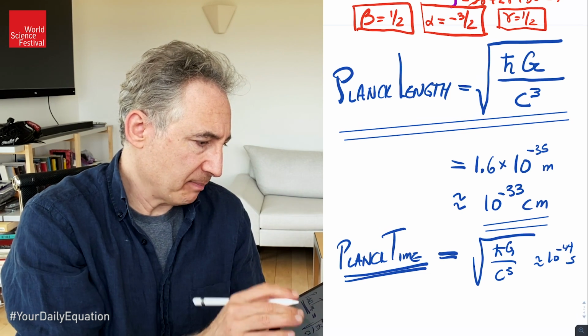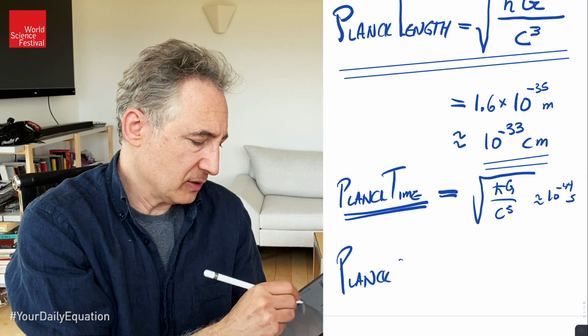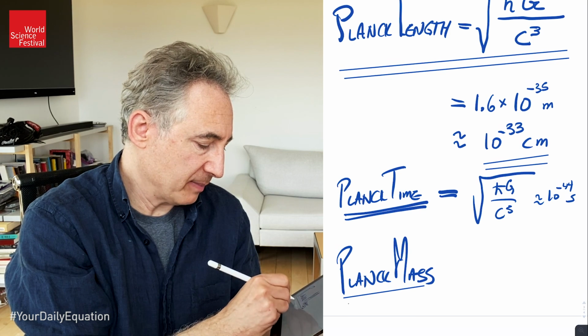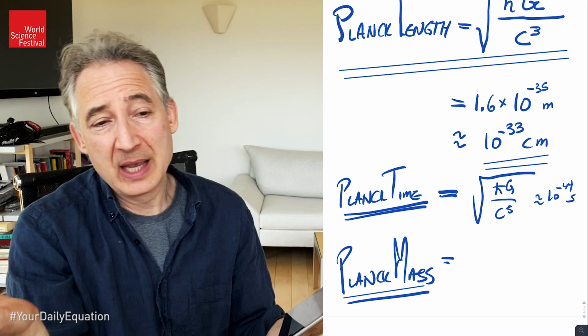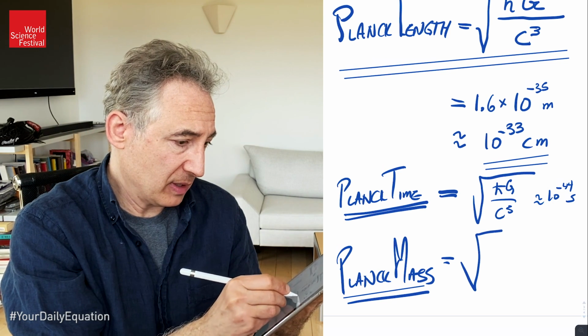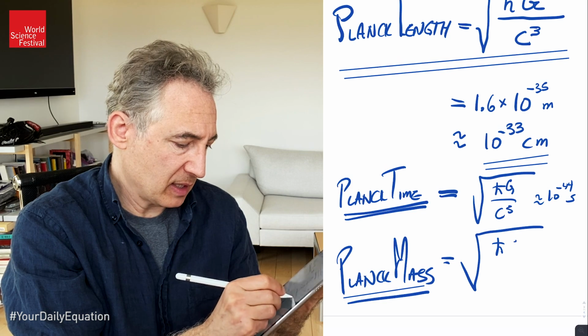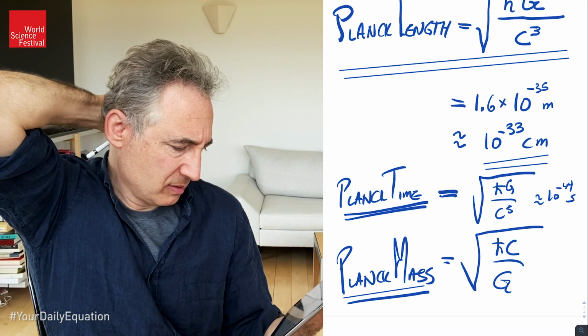And for the Planck mass, again, just choose alpha, beta, and gamma so that the units of the combination, c to the alpha, h bar to the beta, g to the gamma, has the units of mass. And that one gives you square root of h bar times c over g. Did I do that correctly for Planck mass?